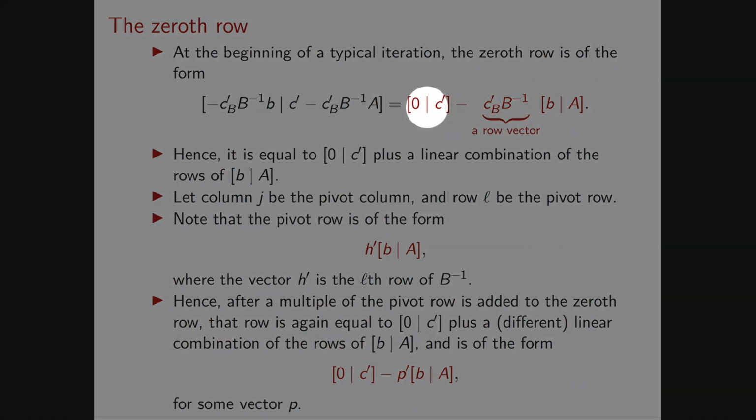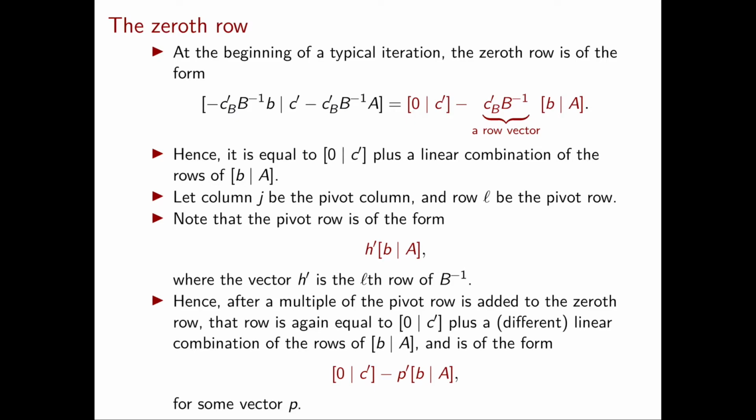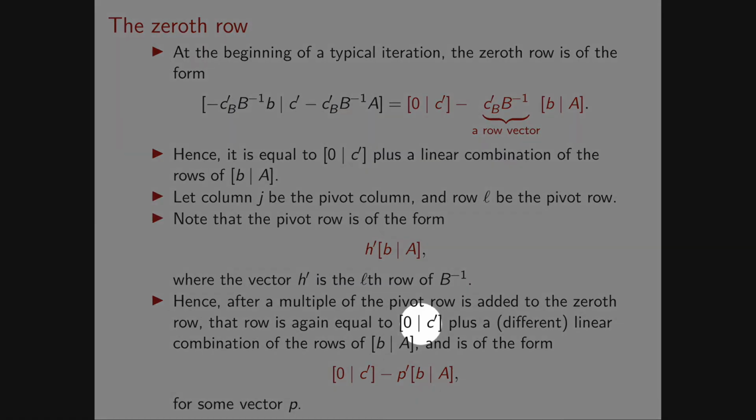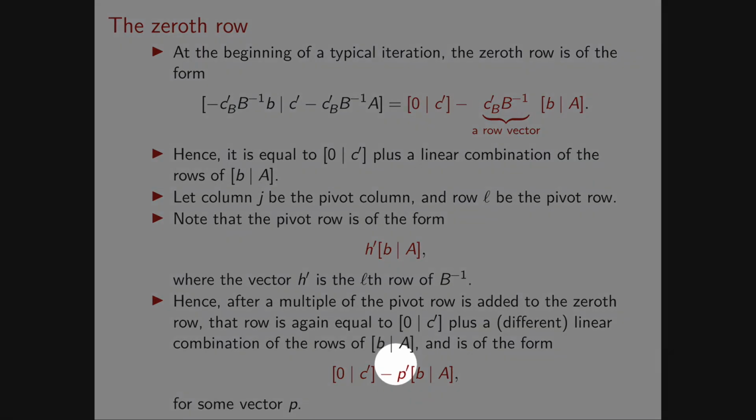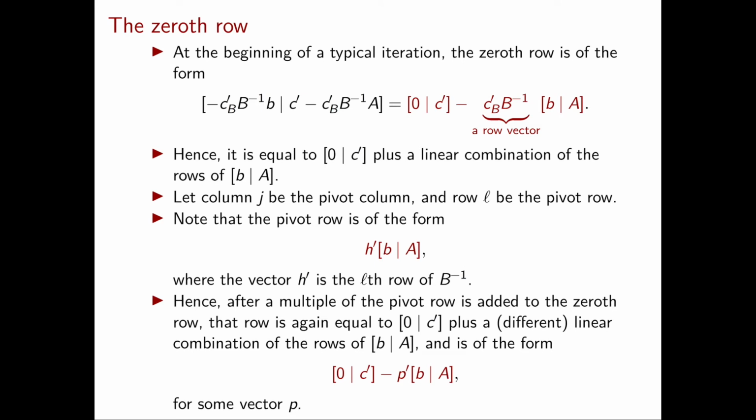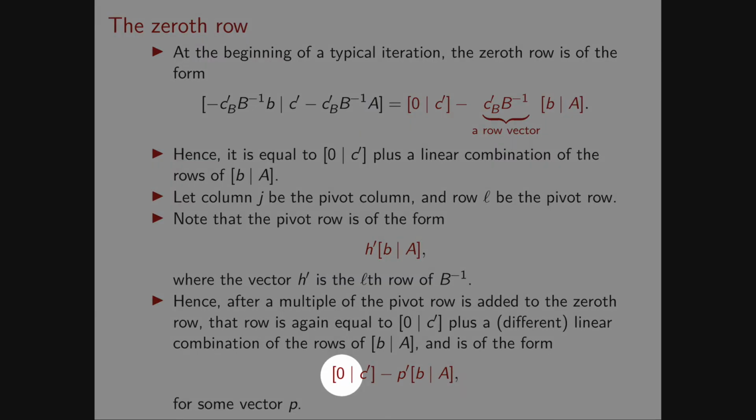So now in total we will have 0 C transpose minus a linear combination of the rows of BA plus a multiple of another linear combination of the rows of BA. So this simply is 0 C transpose plus some linear combination of the rows of BA. Once again, at this point, I don't care about what linear combination this is. Let me just denote the coefficients of such a linear combination by p transpose. So at the end of our iteration, the zeroth row will be 0 C transpose minus p transpose BA for some vector p.